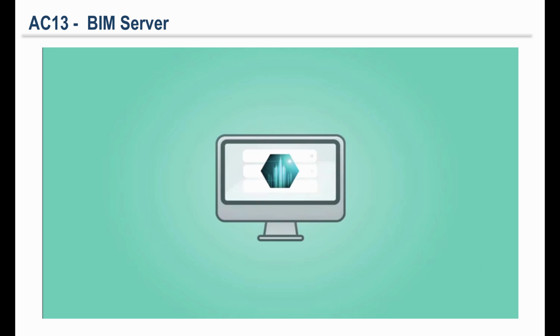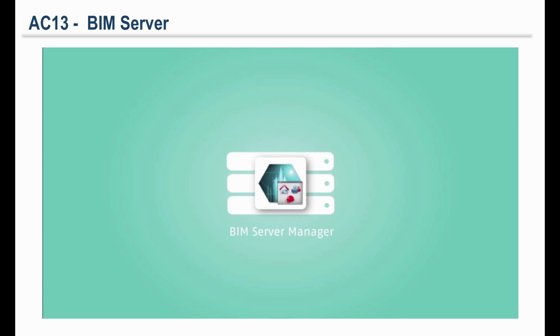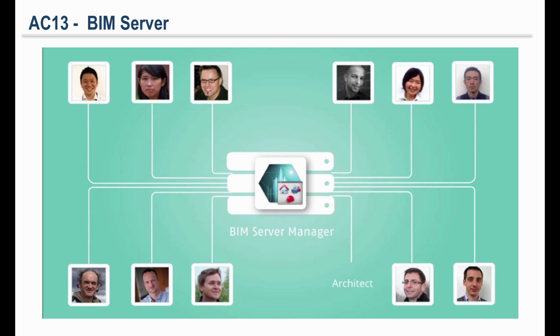This can be a server computer, though it doesn't have to be. It is recommended to install the BIM Server on a dedicated computer rather than on an existing file server or Exchange server. And here too, you want a 64-bit Windows or Macintosh operating system, and sufficient memory is also strongly recommended.